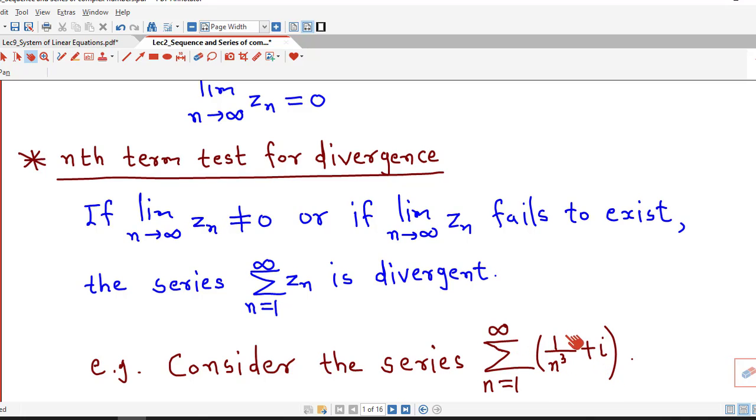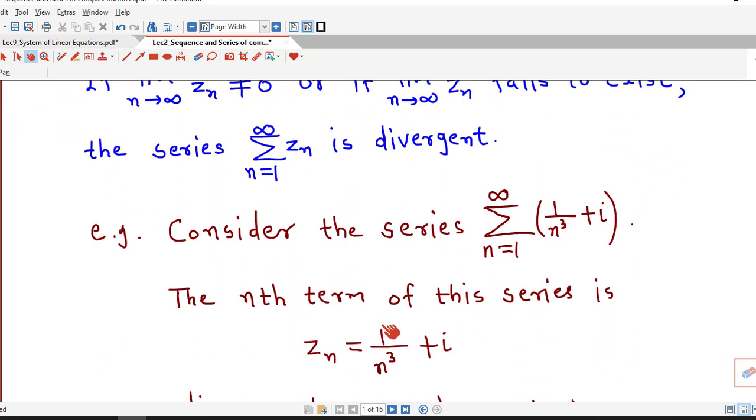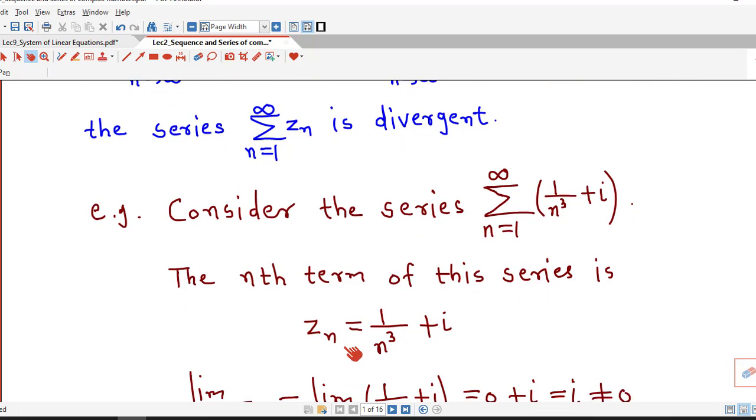Given series is sigma 1 over n cube plus i. To check convergence or divergence of this series, first we try to find the limit of the nth term of this series. So here the nth term is 1 upon n cube plus i. We denote this nth term by Zn.